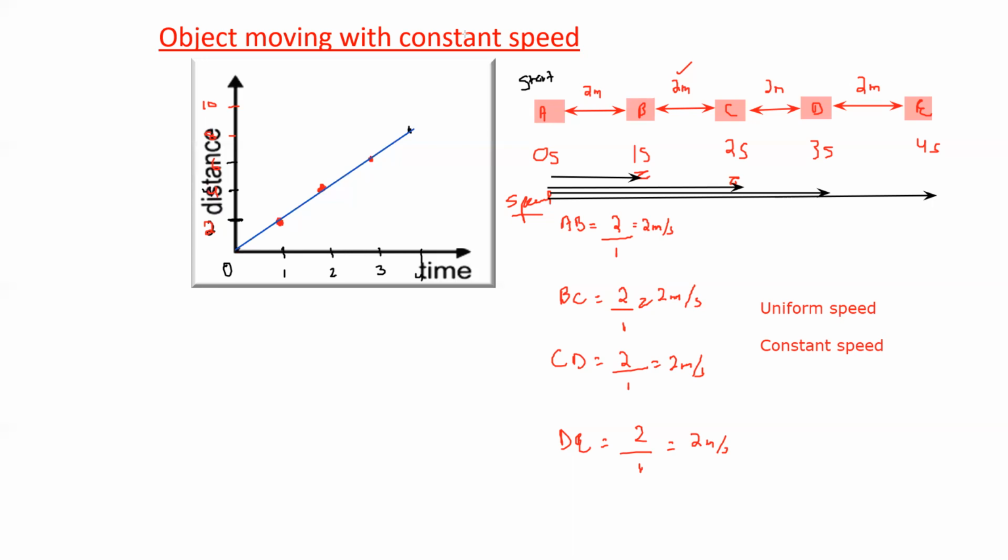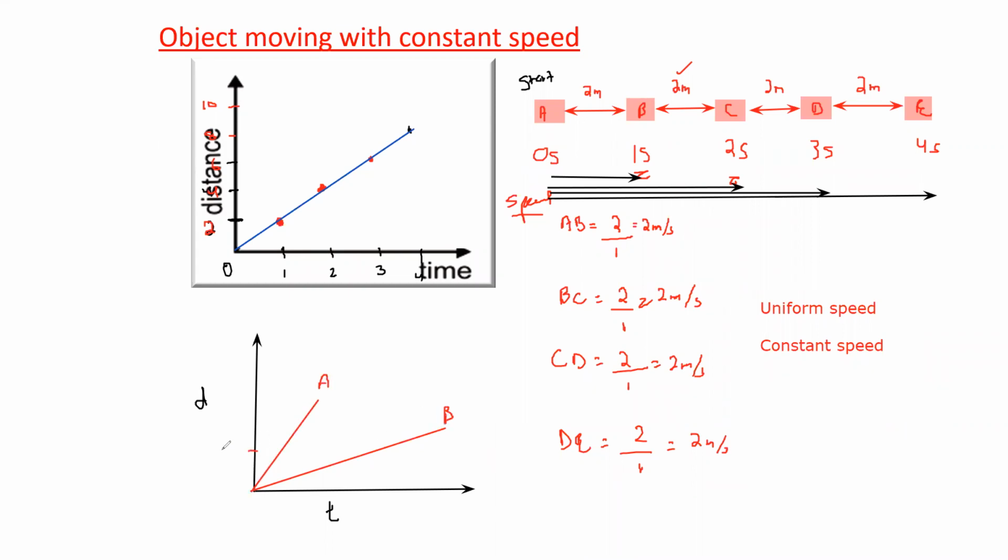If two objects are moving with a constant speed, for example, distance and time, so two objects are there, both are moving with a constant speed. Because it's a straight line, we know both are moving with a constant speed.